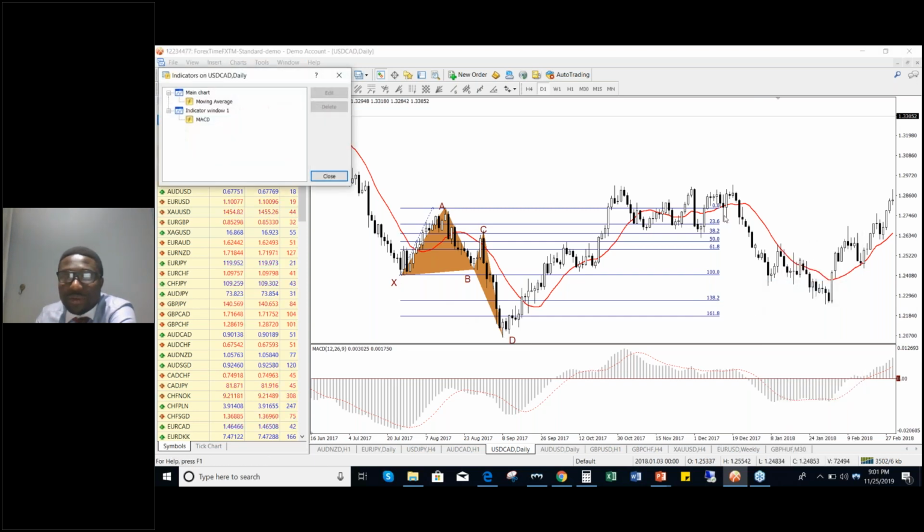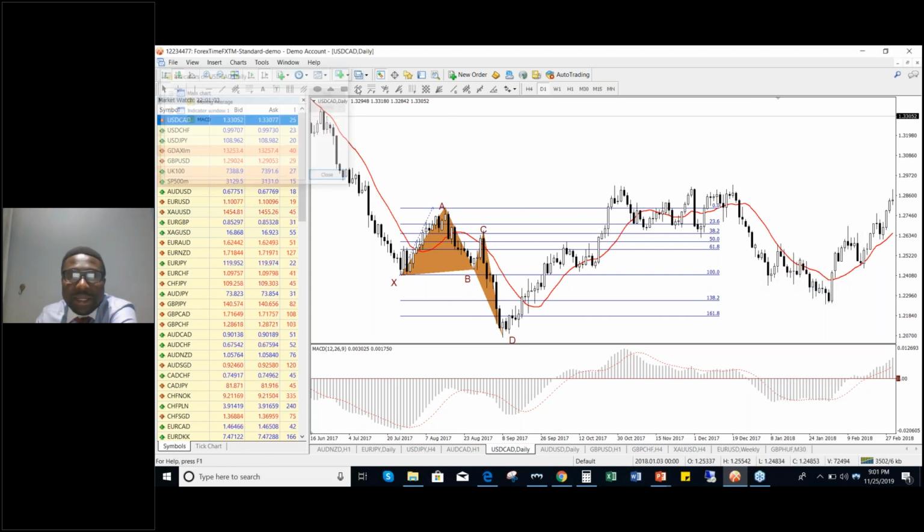What extension does it give you? X to A extension. What did you write in your book? That is the second confirmation for a crab. X to A extension of D. I draw from X to A to confirm D.